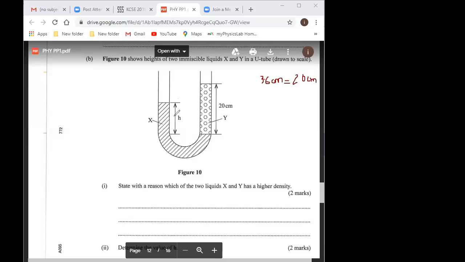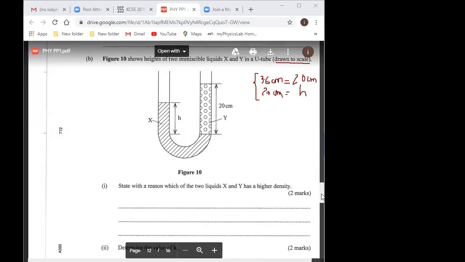Suppose you get 2 centimeters. From here, do cross multiplication and whatever you get becomes the value of H. There was no other formula used because the examiner wanted to check whether you have an idea of going about it.